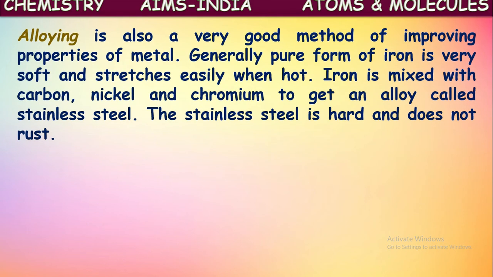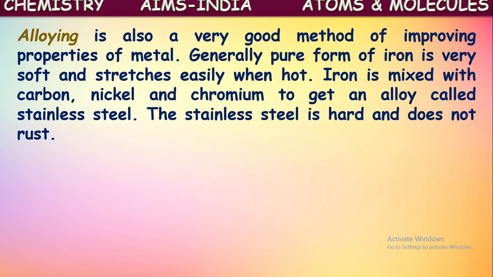Alloying is also a very good method of improving properties of metal. Yes, alloying is also one of the best methods in preventing corrosion. Not only that, it improves the properties of metal. Generally, pure form of iron is very soft and stretches easily when hot, and it gets corroded very easily.